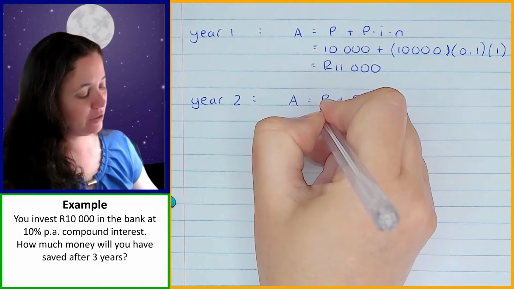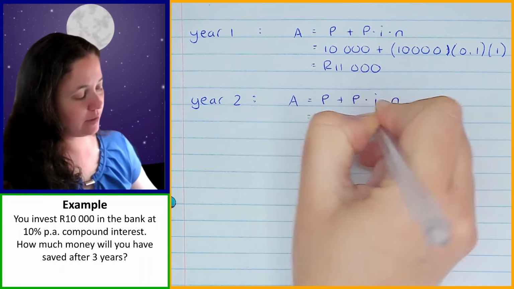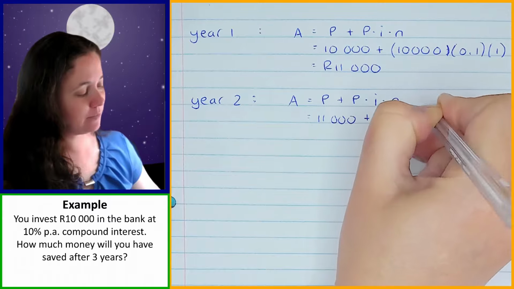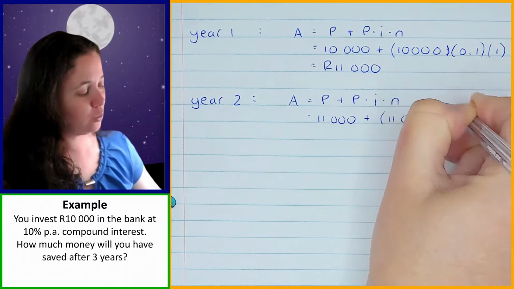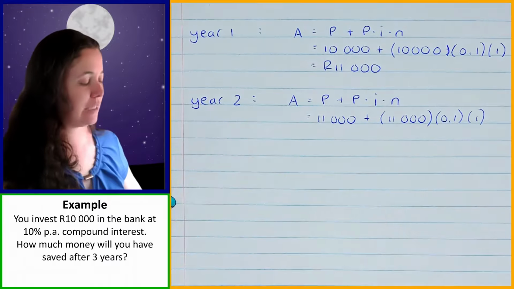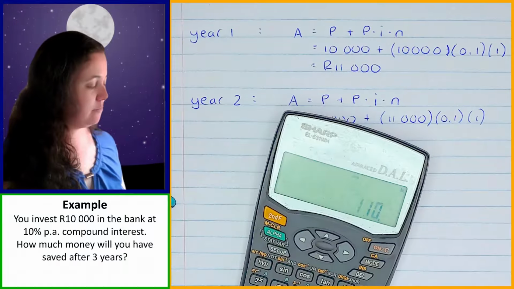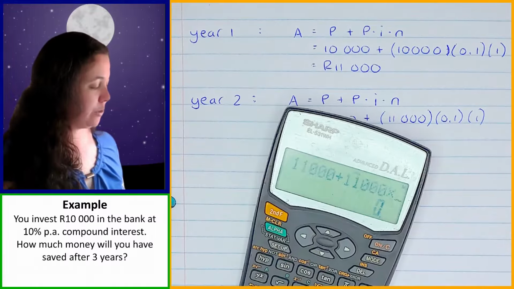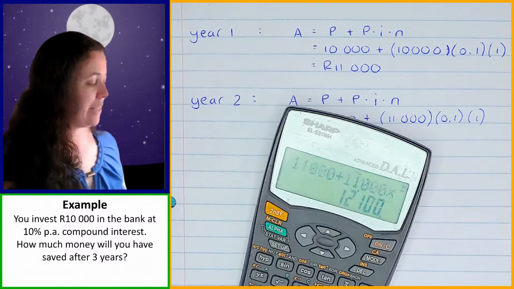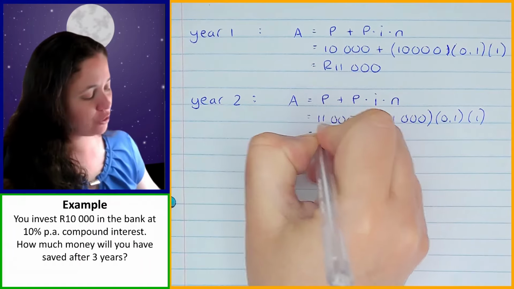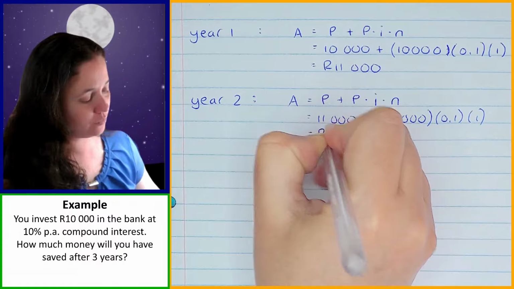So it's going to be 11,000 plus, in brackets, 11,000 multiplied by 0.1 and 1 for another year. Now 11,000 plus 11,000 times 0.1 times 1 gives us 12,100. So that's how much you have at the end of year 2.